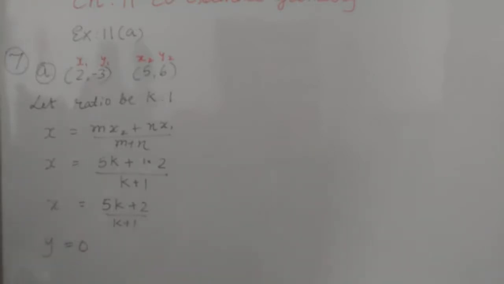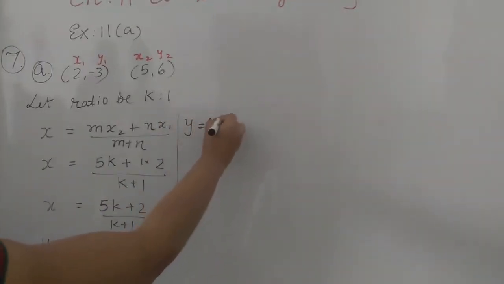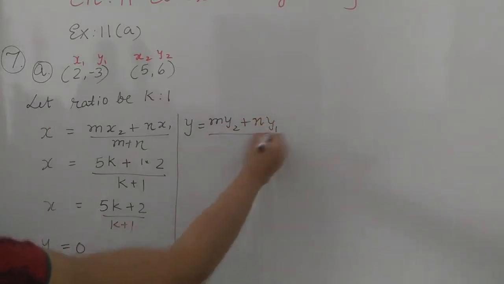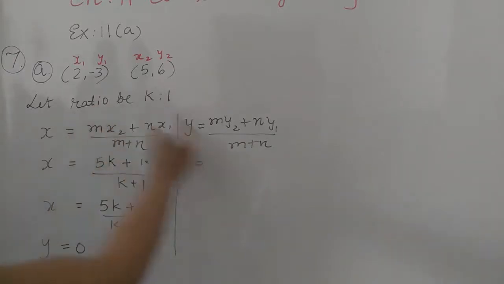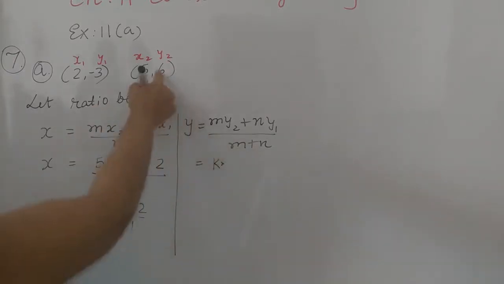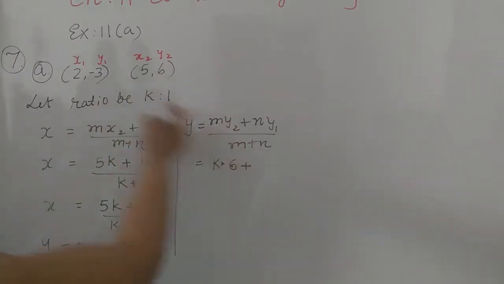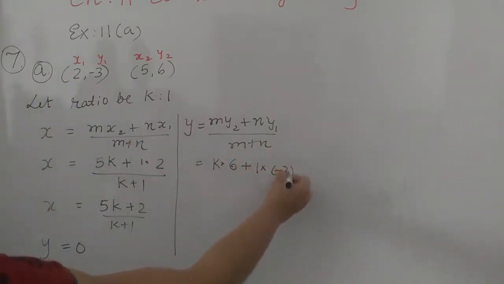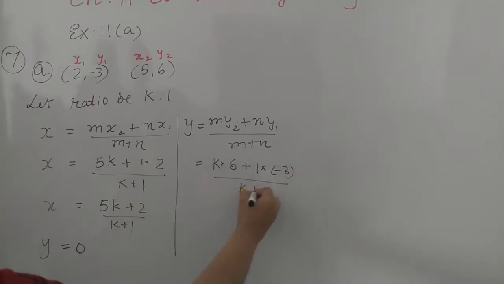So we write the y coordinate also: y is equal to (my2 + ny1)/(m + n), m means k, y2 value 6, plus n value 1 and y1 minus 3, upon k plus 1.